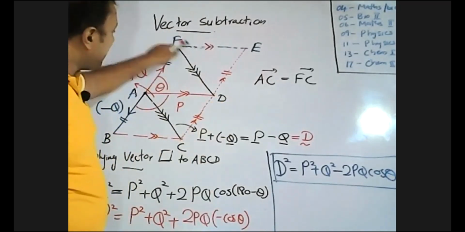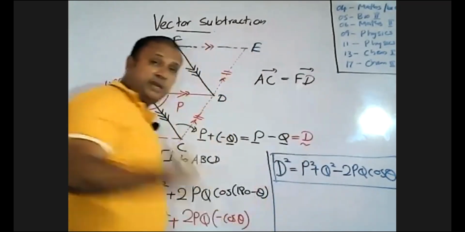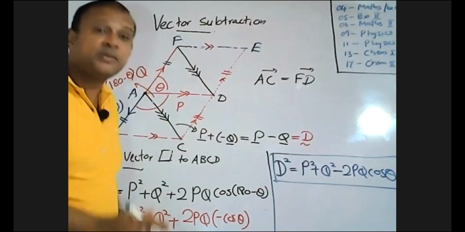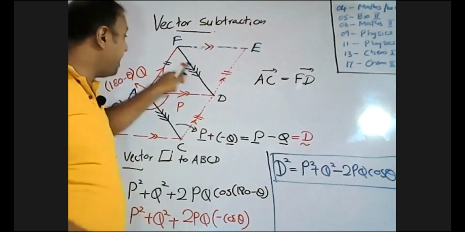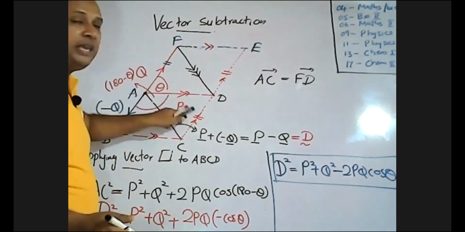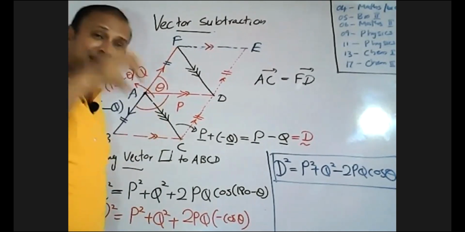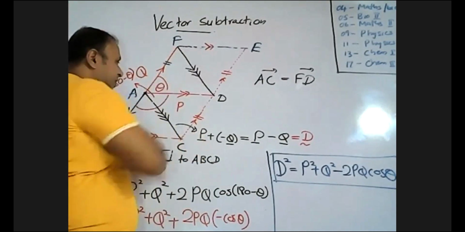That means the FD vector represents the difference, or subtraction, between P and Q.